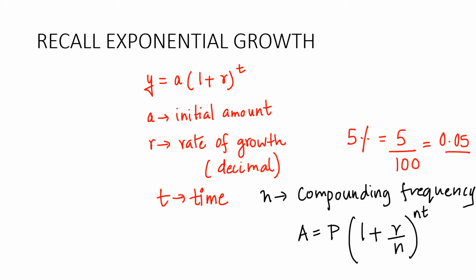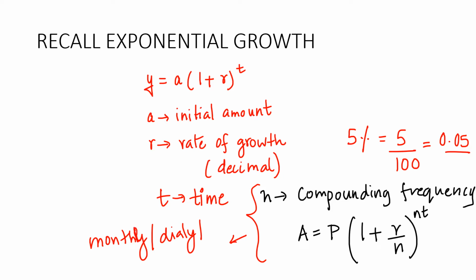So if it is a bank problem where the money involved is invested in a bank and we are trying to compare the interest generated, then we might have problems which have words like monthly, daily, or compounded annually, all of that mentioned.